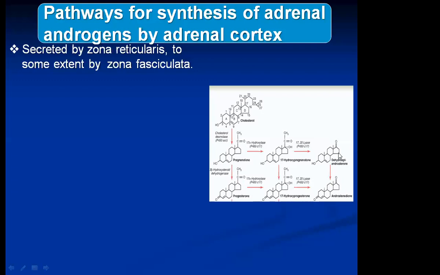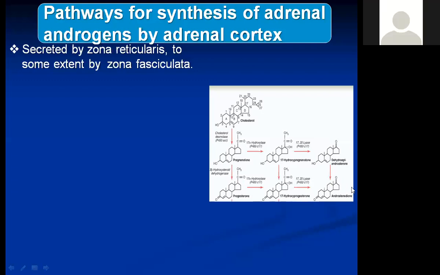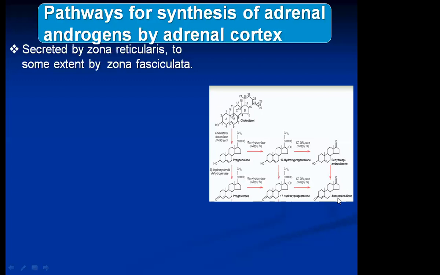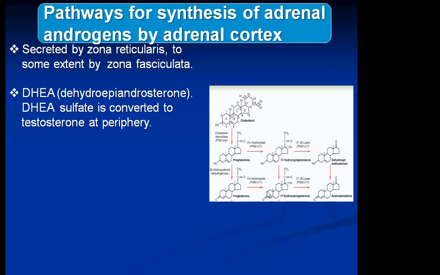Also, dehydroepiandrosterone is converted to androstenedione. So these are the basic steps in the synthesis of adrenal androgens. If you are asked a question only on the adrenal androgens, remember you have to show only this pathway. There is no need to show the chemical structure of various compounds.